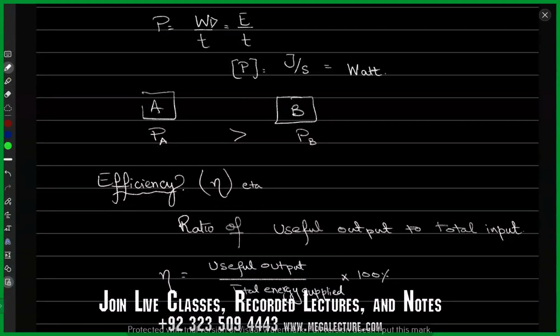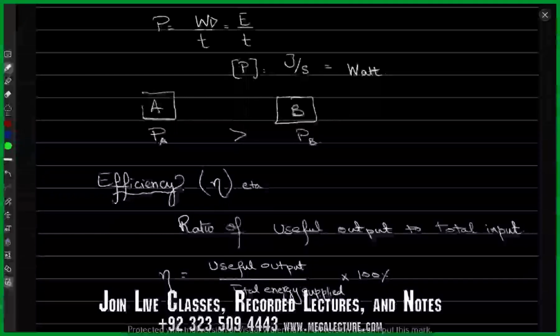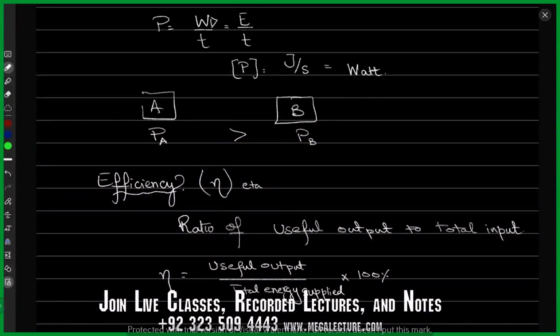So you say my machine is 50% efficient. What does that mean? That means that 50% of the energy is useful, right? So suppose I'm giving it 100 joules of energy, then only 50 joules of that energy will be used to do something important, while the other 50 joules is completely wasted. That's how your cars also work.